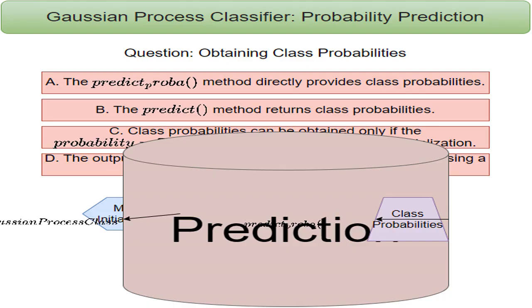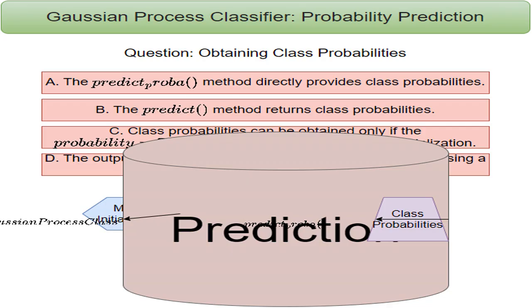These are numbers between 0 and 1, expressing the likelihood of your data belonging to each class. For instance, if you have 3 classes, A, B, C, the probabilities might be 0.2, 0.6, 0.2. This means the model thinks there's a 60% chance the point is class B, a 20% chance it's class A, and a 20% chance it's class C.